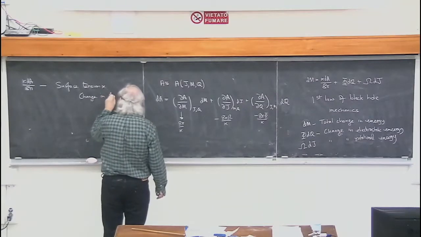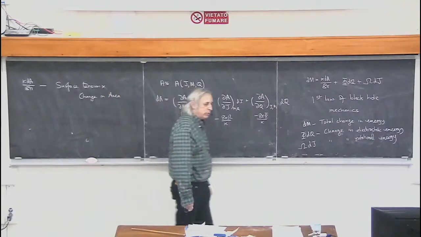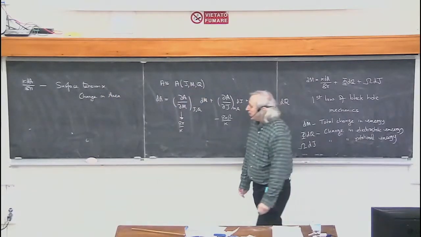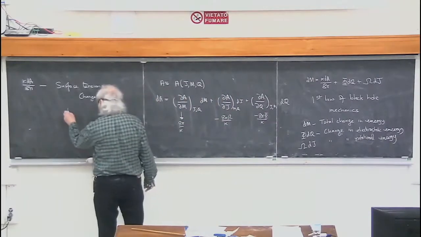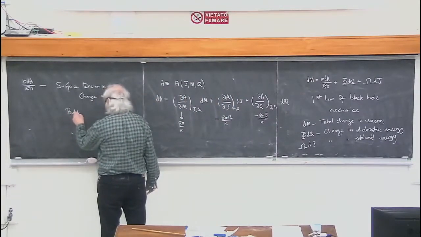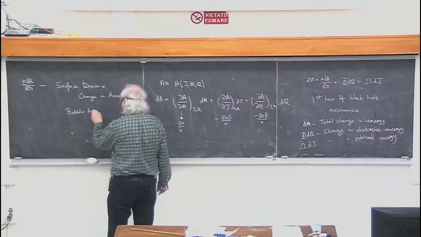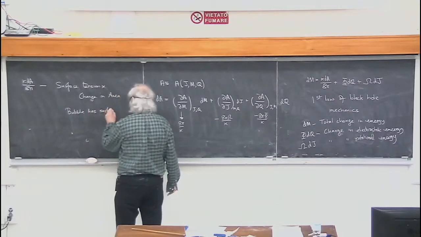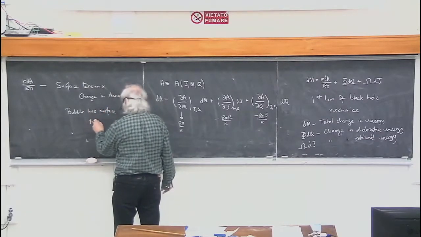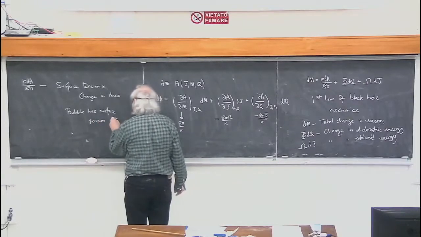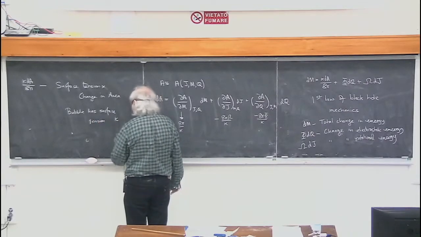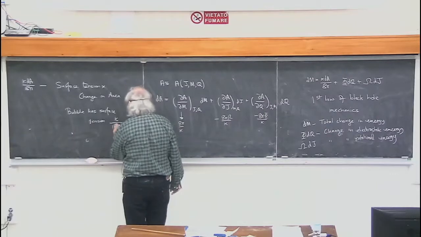In other words, it's the work you'd have to do to change the size of a soap bubble. The soap bubble would have surface tension kappa over 16 pi.